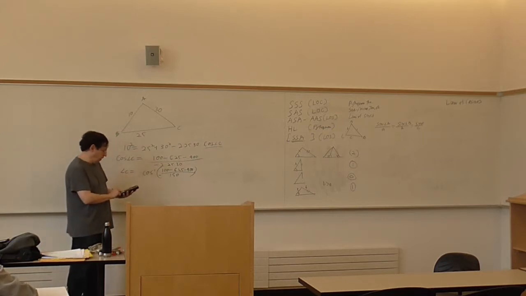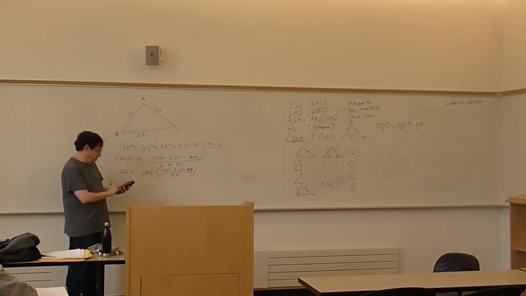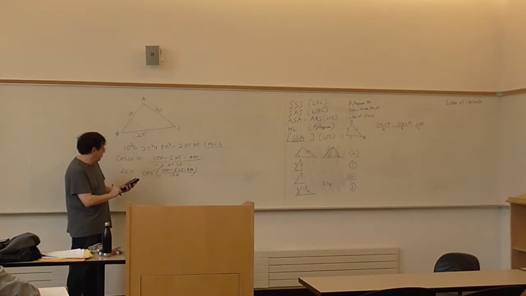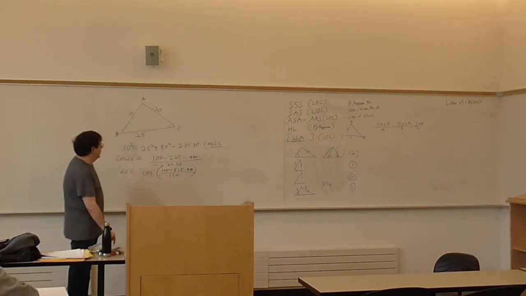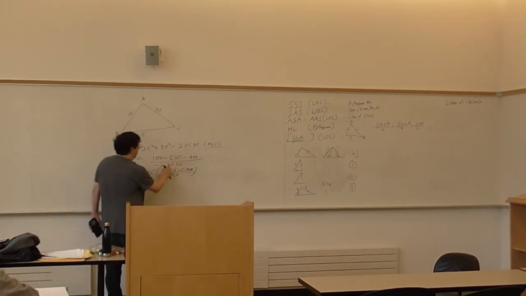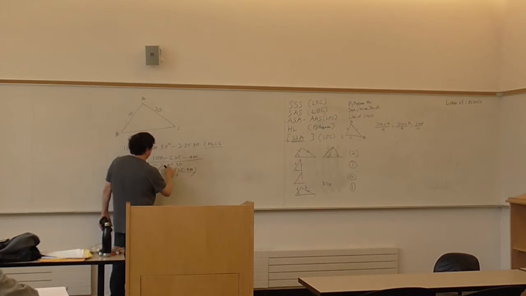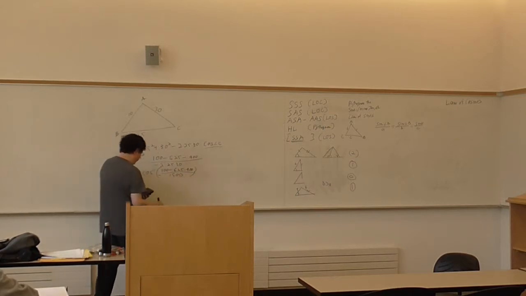So what do we get? 100 minus 625 minus 900 divided by minus 150. That looks problematic. What did I do wrong? Oh, 50 times 30 is not 150, it's 1500.